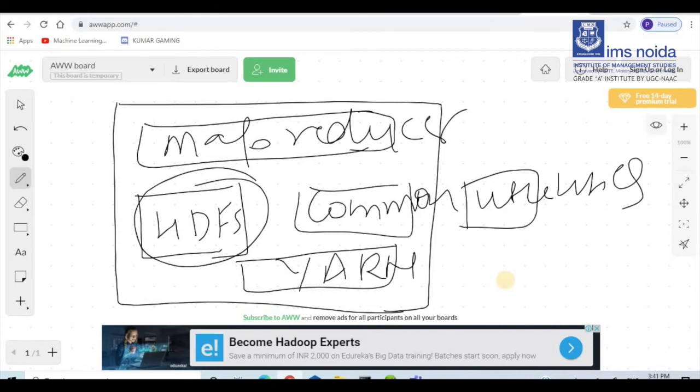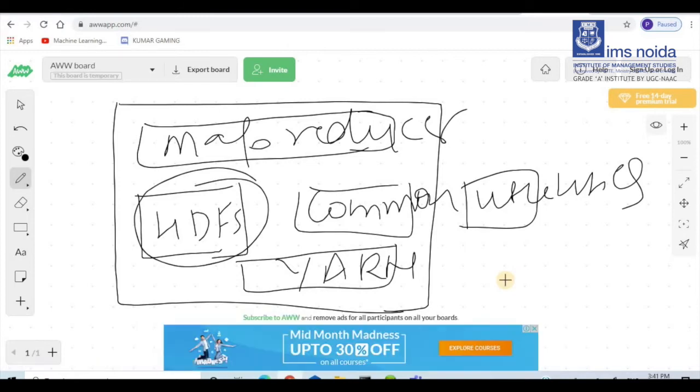It is based on GFS, the Google File System, where we distribute our files and blocks across multiple clusters. If you look at the history of Hadoop, you will see how a 4,000-node cluster was tested successfully, and the processing was fine.